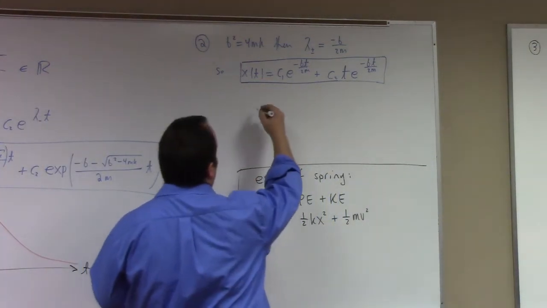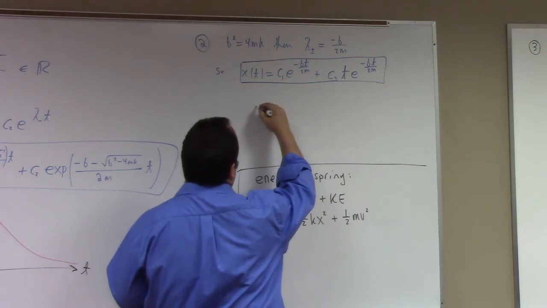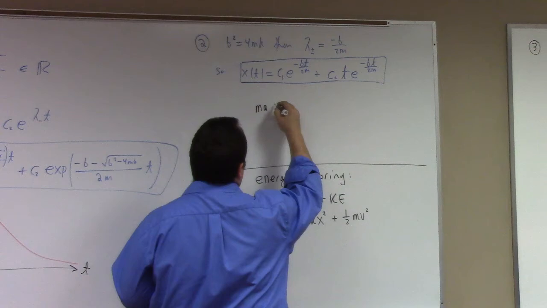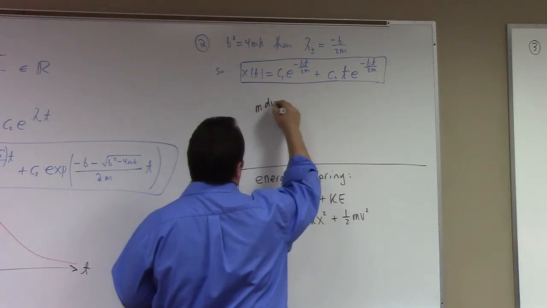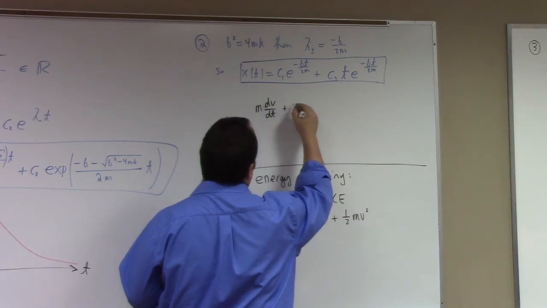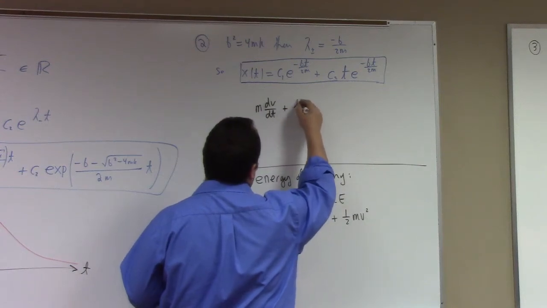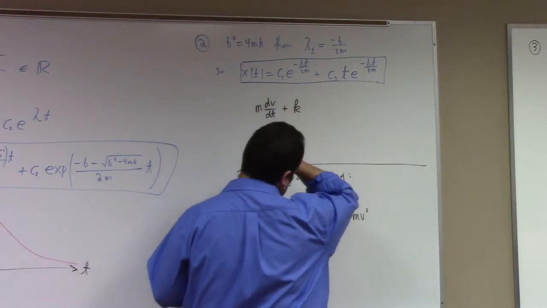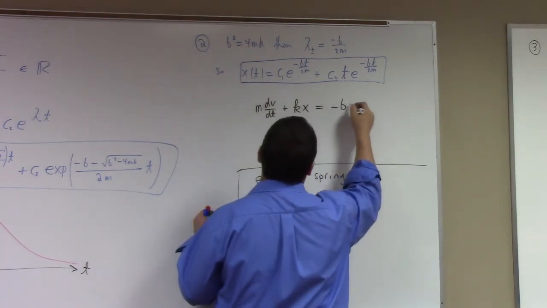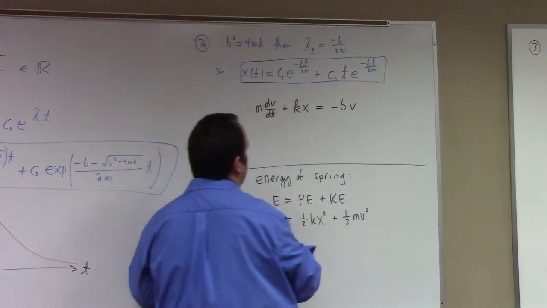So check this out. We have m dv/dt plus kx is equal to minus bv, yeah?